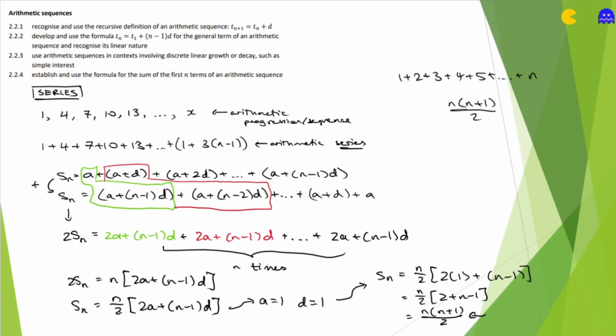And so we have the formula for the triangular numbers series, which Gauss was able to determine. This, however, is the generalized form of an arithmetic series to determine the sum.